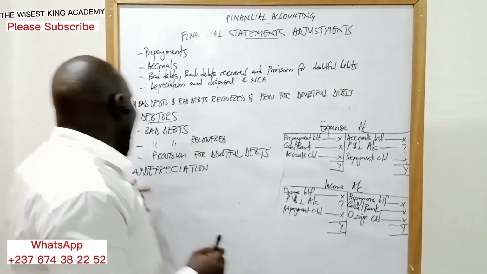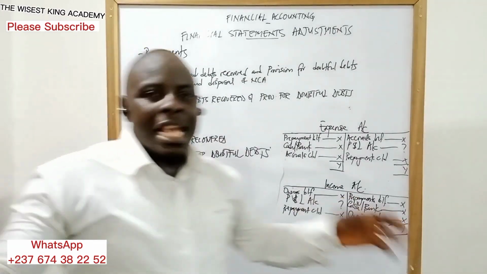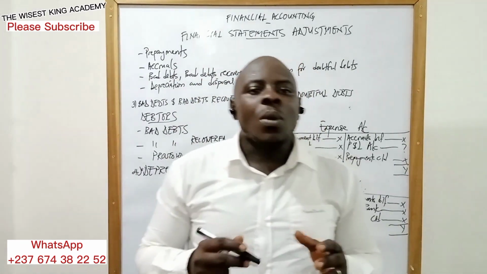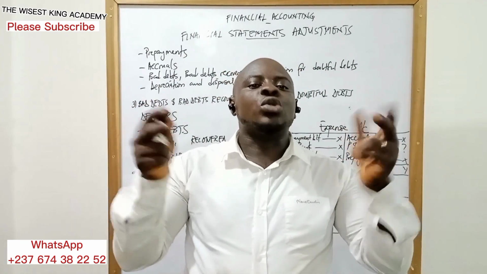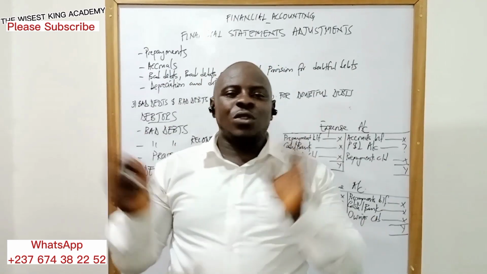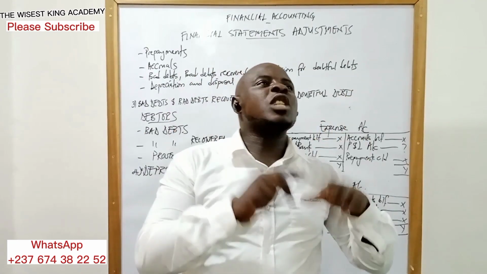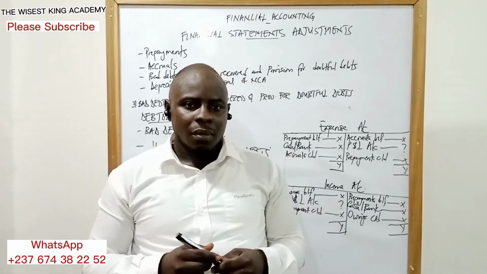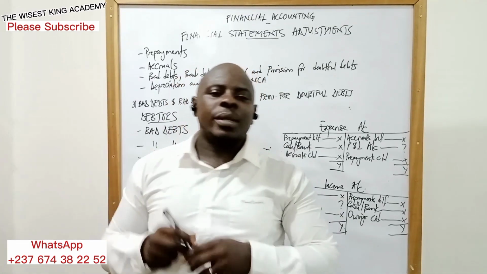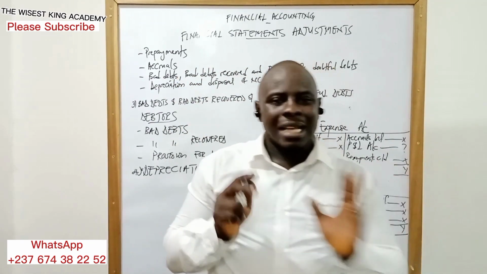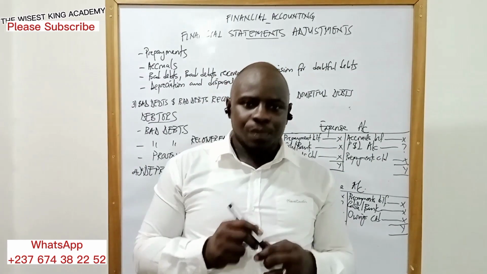Now, disposal of non-current assets. A sale of a non-current asset is called disposal. Now, when an asset is disposed, the cost of the asset is removed from the books. The accumulated depreciation of that asset disposed is removed from the books. And by so doing, non-current assets may be disposed at a profit or a loss.